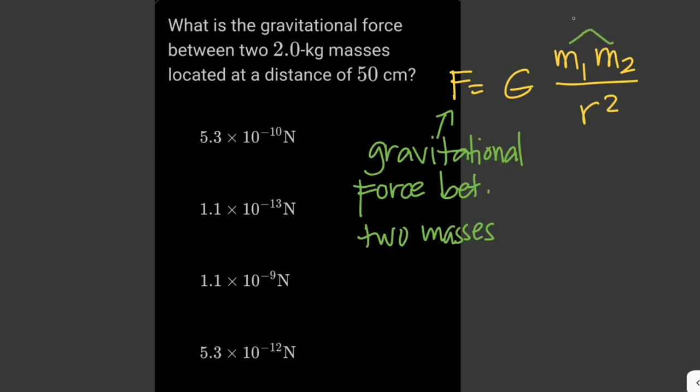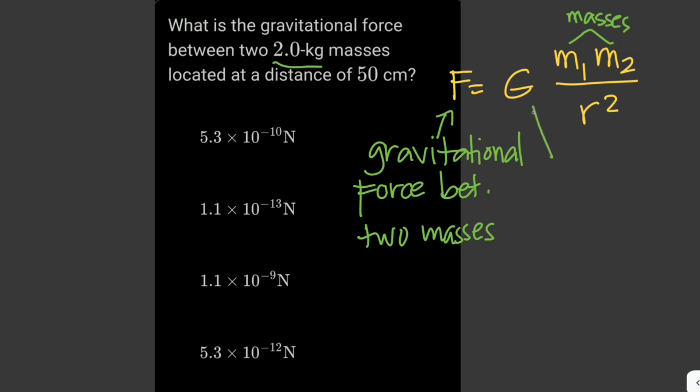M1 and M2 here are the masses of the two objects, and in this case we're given 2 kilograms each for the masses.